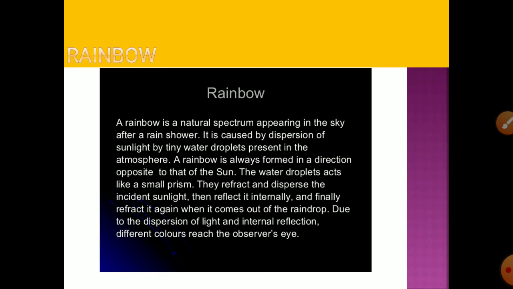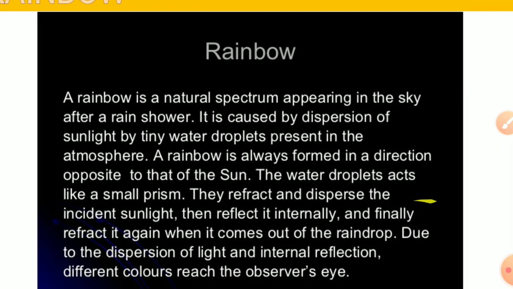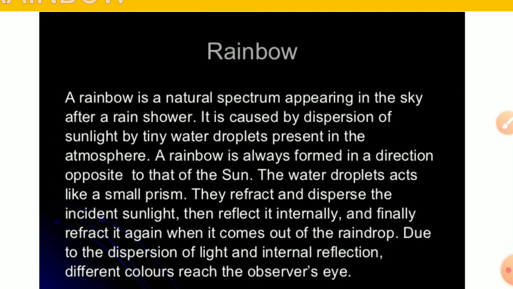A rainbow is a natural spectrum appearing in the sky after a rain shower. It is caused by dispersion of sunlight by teeny water droplets present in the atmosphere. A rainbow is always formed in a direction opposite to that of the sun.